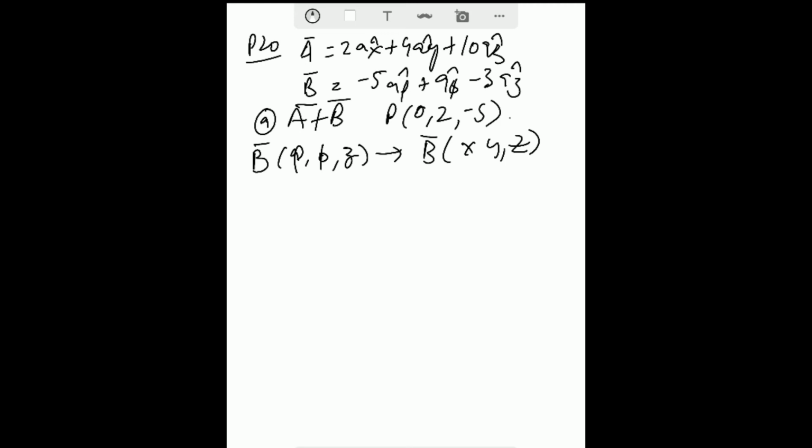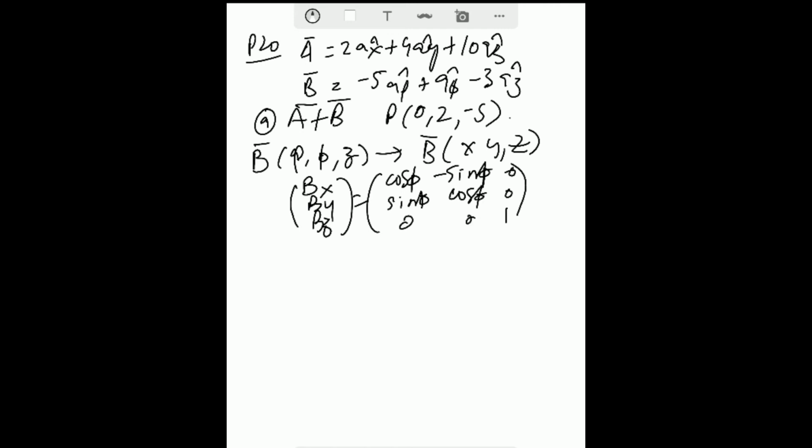This conversion will need the matrix relation: B_x, B_y, B_z is equal to the matrix cosine phi, minus sine phi, 0; sine phi, cosine phi, 0; and 0, 0, 1, and if I multiply this matrix by B_rho, B_phi, B_z, I will get B_x, B_y, B_z.